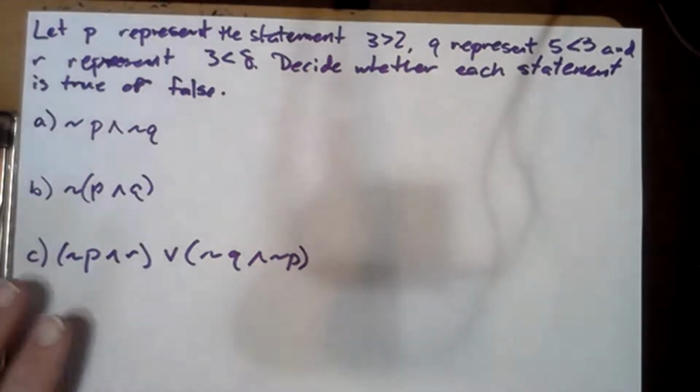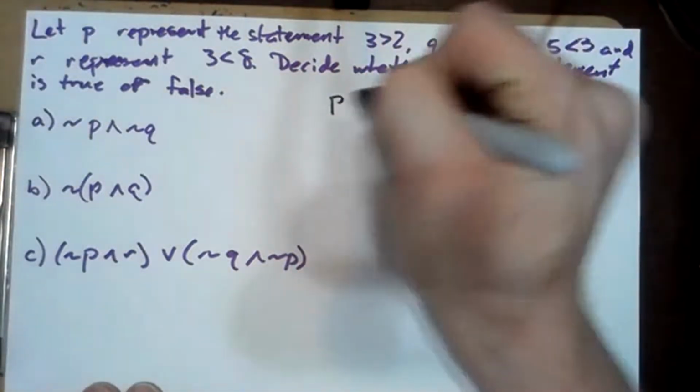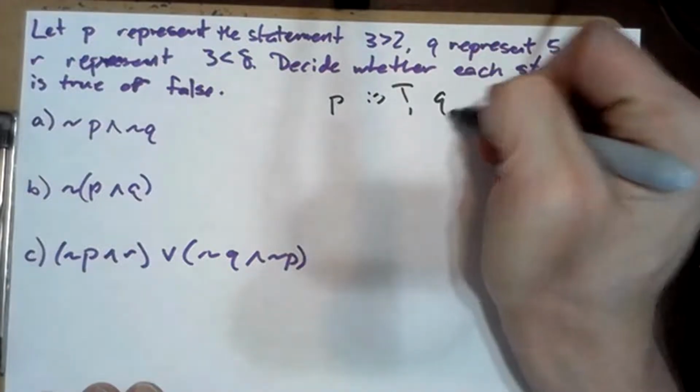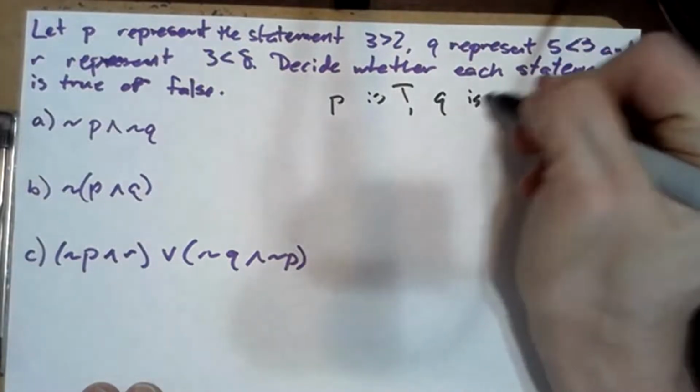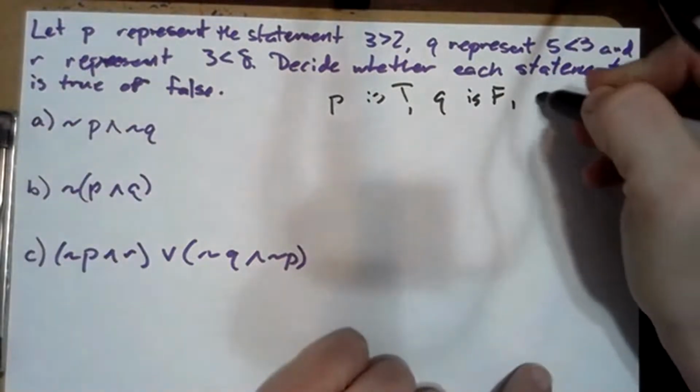Okay, so P is true. Q is false. And R is true.